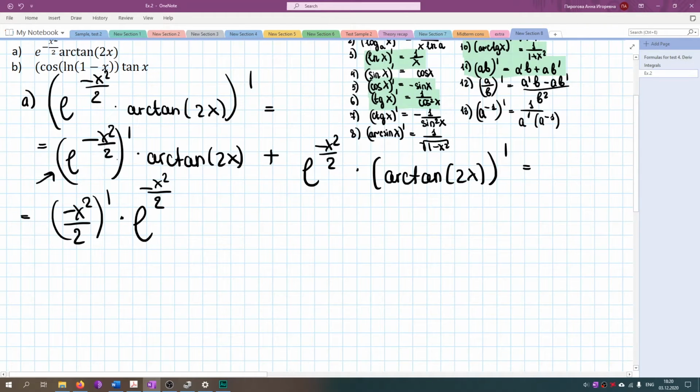Firstly we take what is in the brackets, and then we multiply by the derivative of the power, because there is x there, and then multiply by arctangent of 2x. Now we will write the exponent.